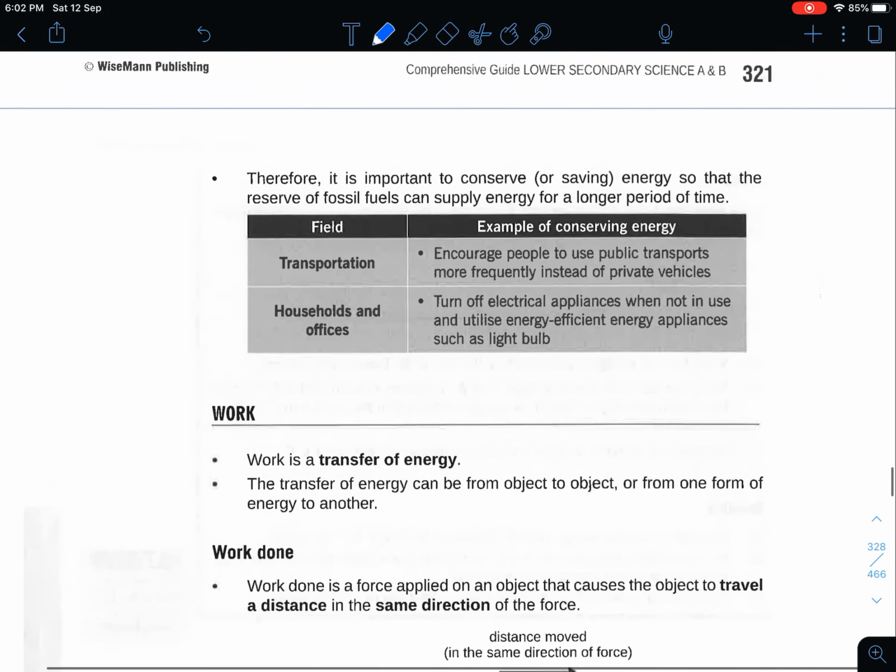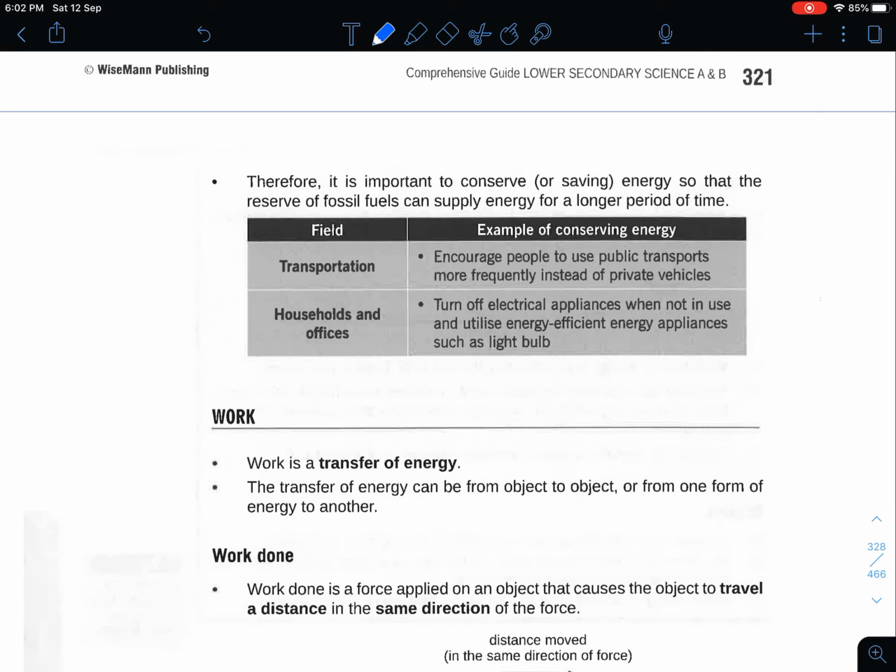Therefore, it is important to conserve energy so that the reserve of fossil fuel can supply enough for a longer period of time, because there are also other areas where you still need fossil fuel to generate enough energy. So that's why we must also learn to conserve energy.